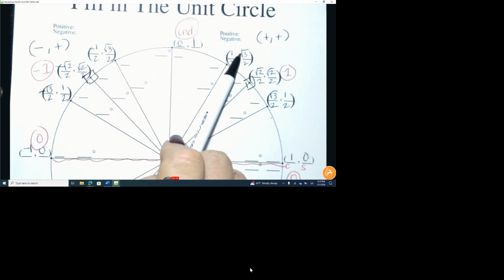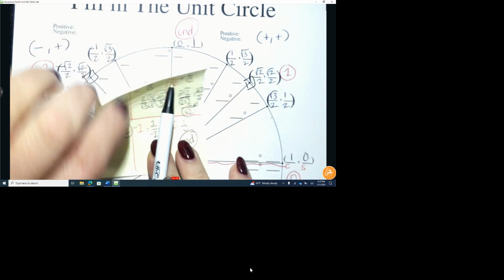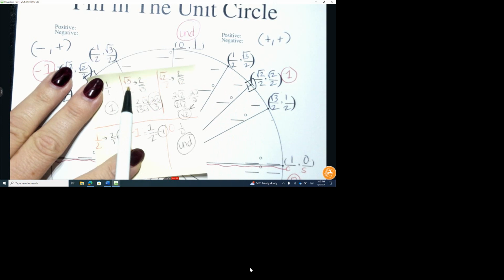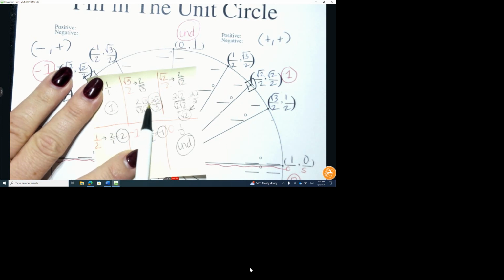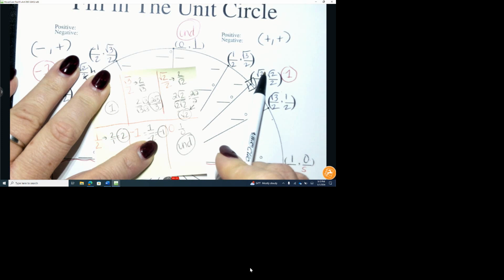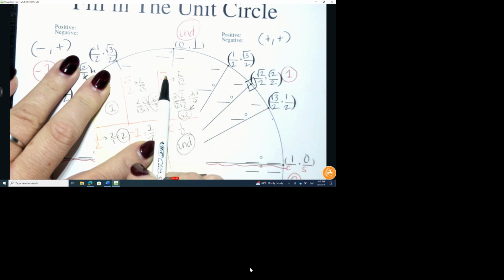Now I know if I take the reciprocal of radical 3 over 2 and I flip it, I have to make it nice. I'd have to go into a calculator. I know this is a positive number, but I don't know exactly what that is until I grab a calculator. Same thing here. I can take radical 2 over 2 and take the reciprocal and make it proper, but again, I don't know exactly what this is equivalent to.